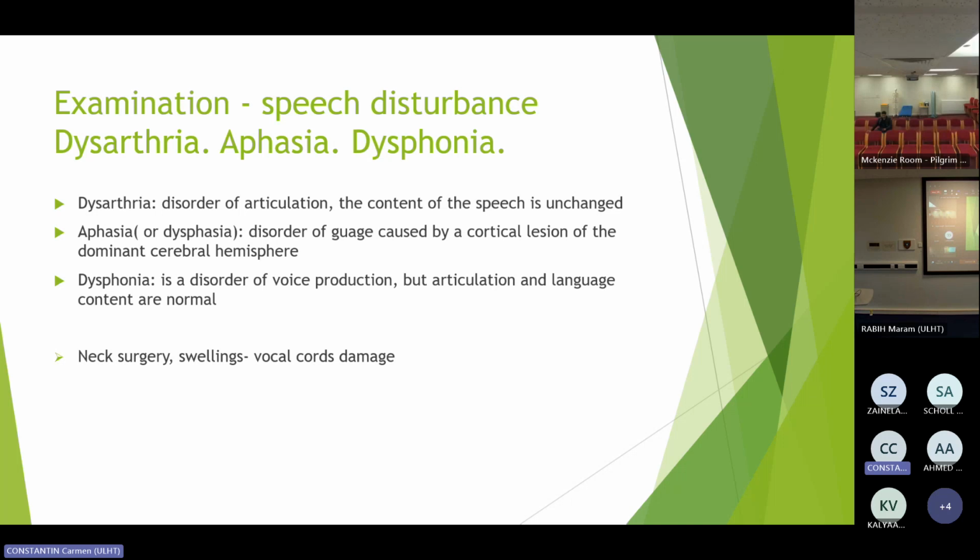And even in the first few days after the surgery, because of the swelling of the neck, a patient could have temporary changes in the speech. So it is actually more dysarthria, could be a bit of dysphonia, which is transient.